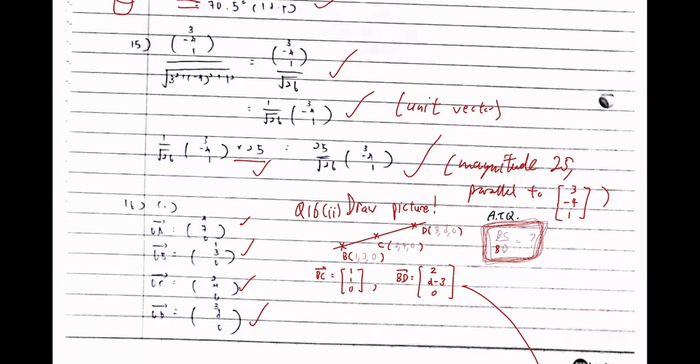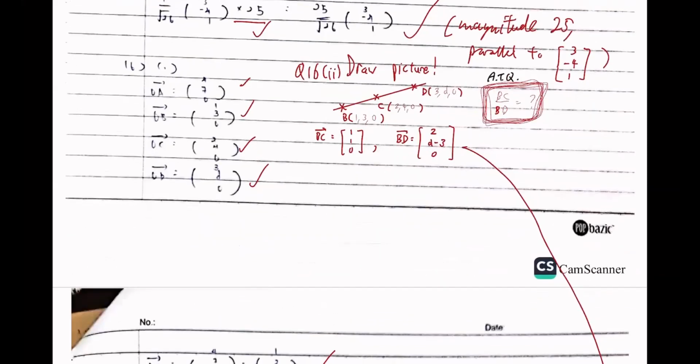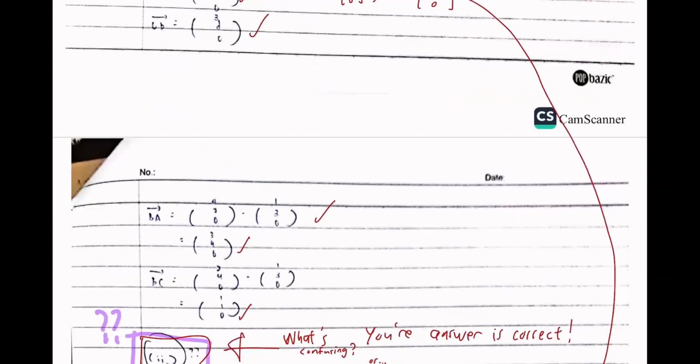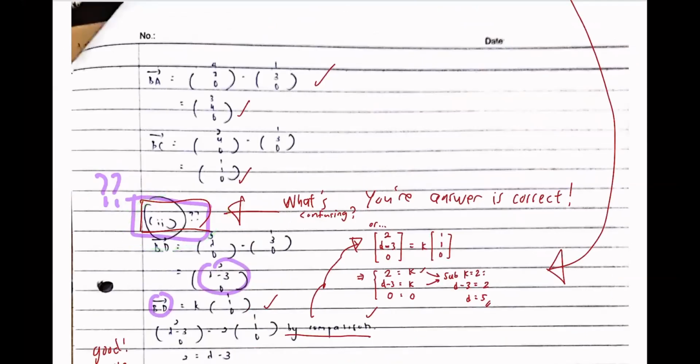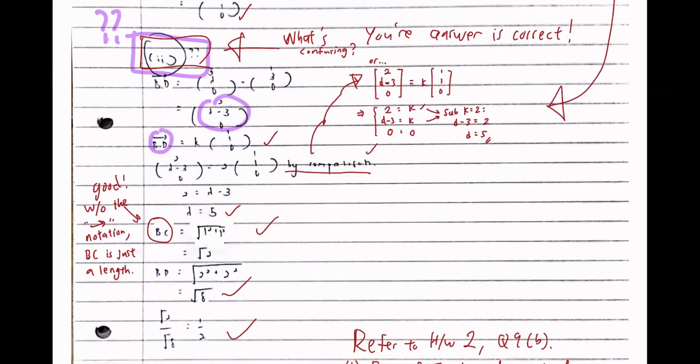Okay, then question 16. Part 2 only. Your answer is correct, but may I know what you are confused by? Also, you forgot to draw a picture. Very bad. Never draw a picture. But you could answer correctly, so okay, fine. Here you draw a question mark, but your answer is correct. I don't know what you're confused by. Do you remember?